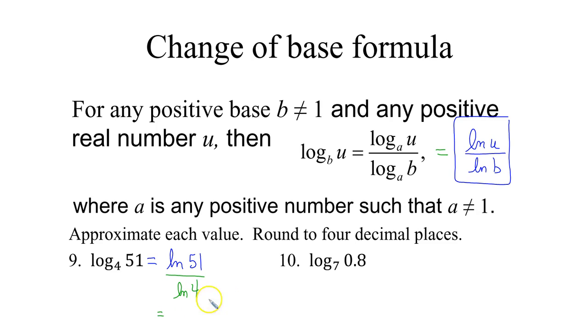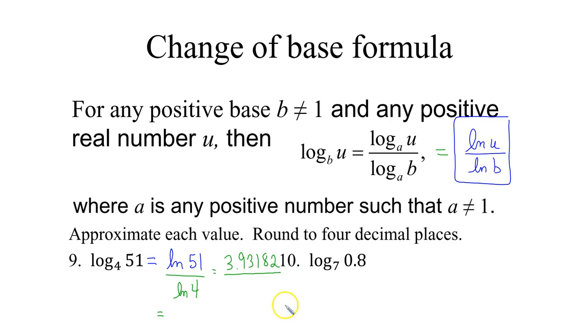When we put this into a calculator, and it does say to round to 4 decimal places, so the natural log of 51 is going to be a value of 3.9318, and we'll go ahead and take that to 5 decimal places too, and then we'll divide this by the natural log of 4.